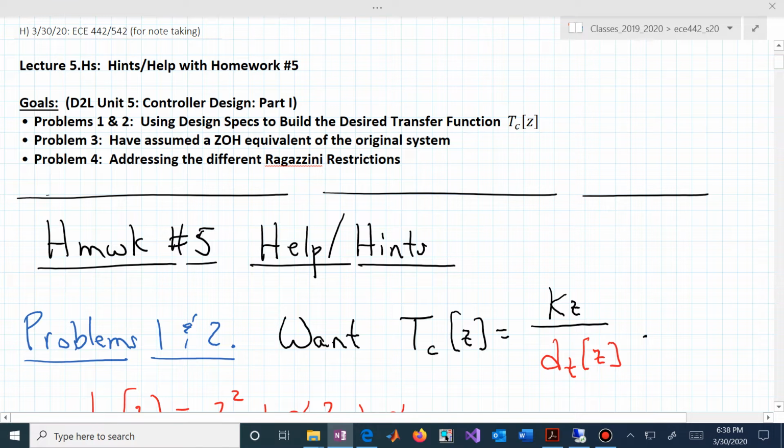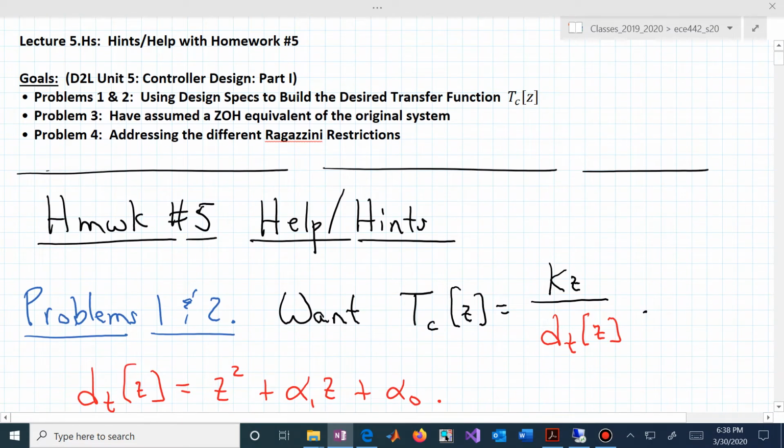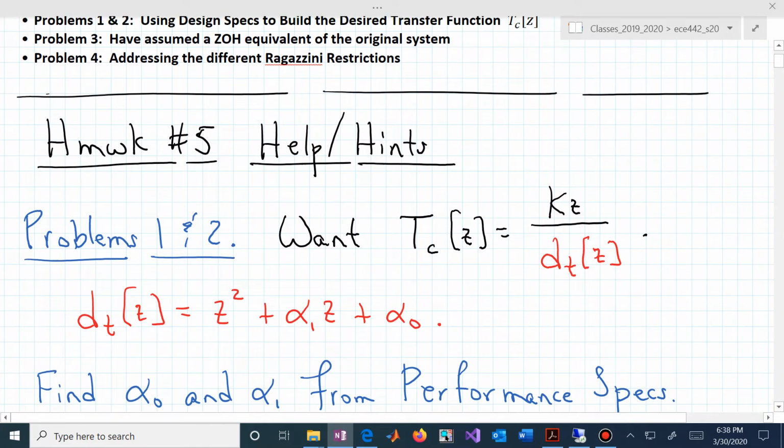In problems 1 and 2, let me see if I can somehow get my tablet to respond. Here we're wanting T sub c of z, and we're told to go ahead and locate your 0 at the origin. That means our numerator, if our denominator is second order, is going to have 1 0 at the origin.